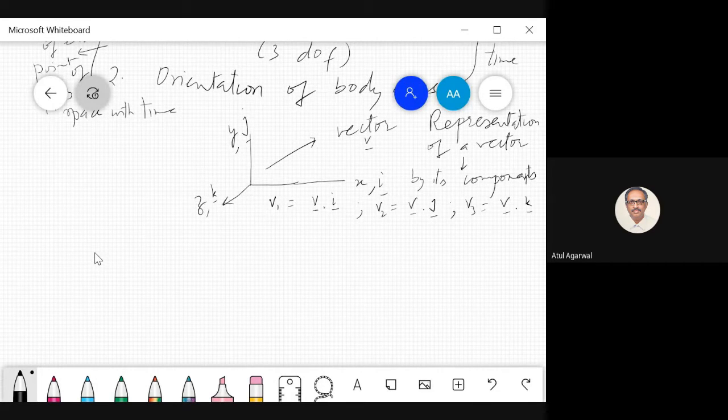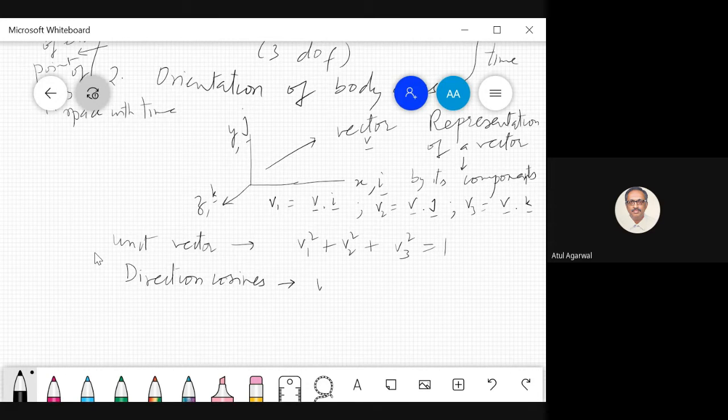Suppose you have a unit vector. What is the meaning of a unit vector? Magnitude is 1. Then there is a concept of direction cosines. What is the meaning of direction cosine?